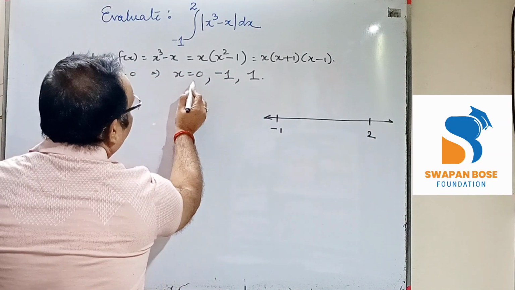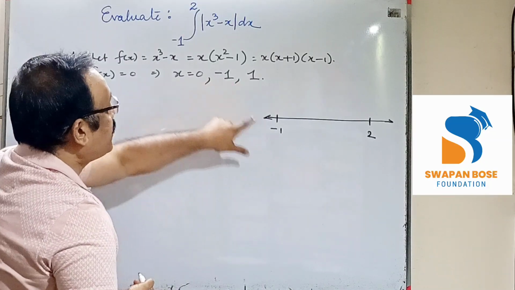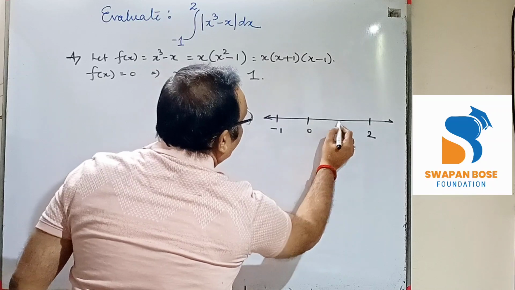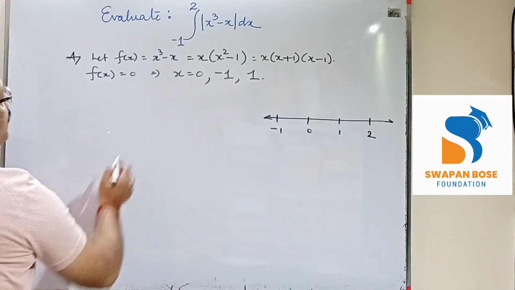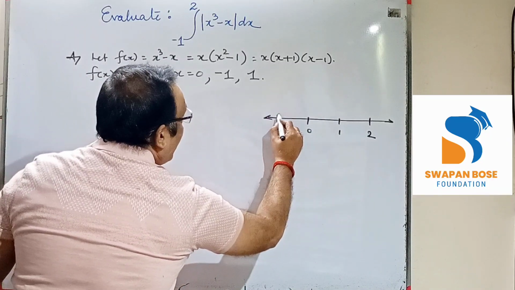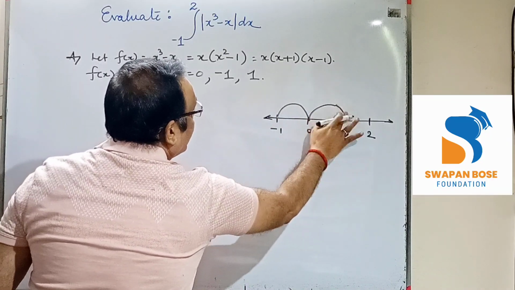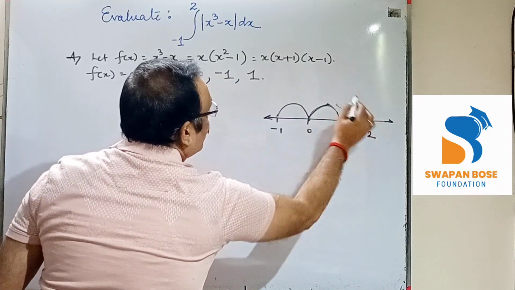I have got three other values for x: 0, minus 1, and 1. Minus 1 is already there, so 0 and 1 I'll put in between. This is 0 and this is 1. So this sum becomes minus 1 to 0, 0 to 1, and then 1 to 2.